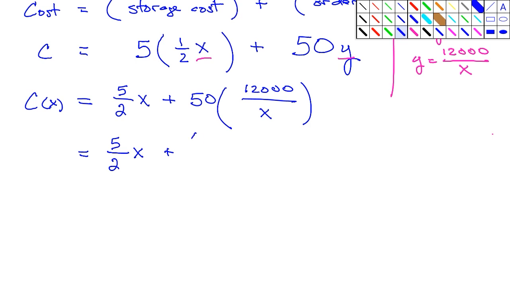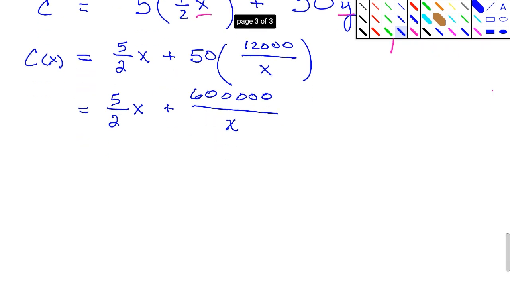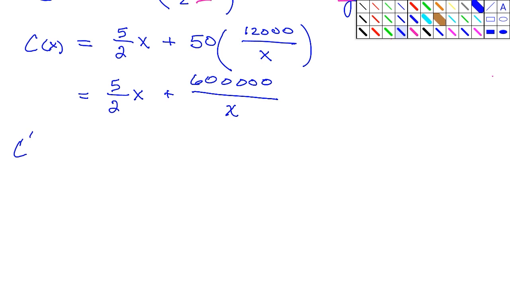So 5 times 12 is 60, and there are 1, 2, 3, 4 more zeros attached to it. So that is 600,000.